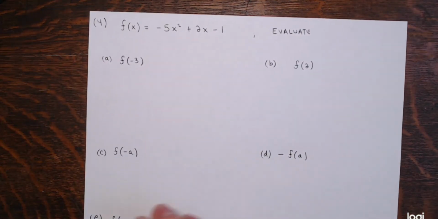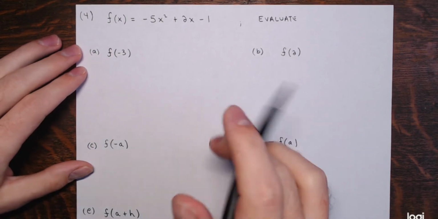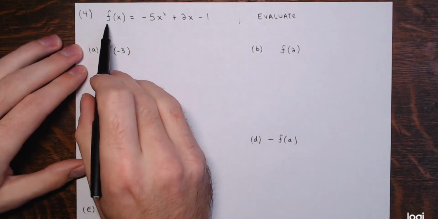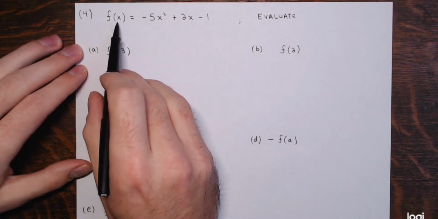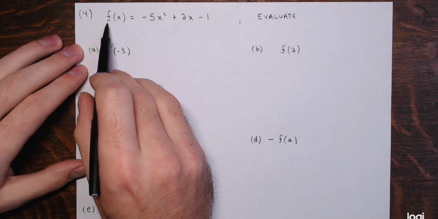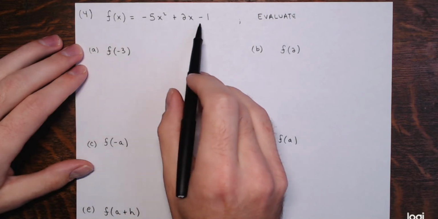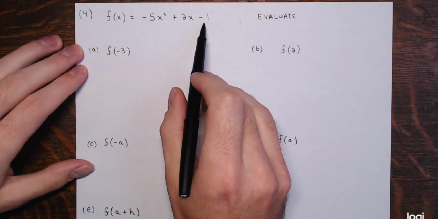All right, so again, we're given a function. This has a bunch of parts to it. So here we're given a function f of x equals, and the input variable is x, the output f of x equals, and then over here they show you how to calculate the output with this input x, right?